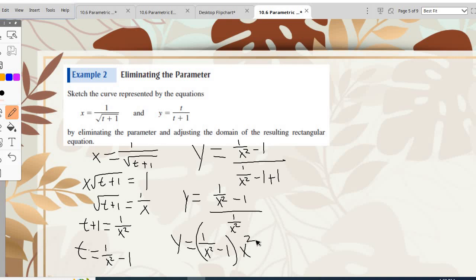So then, if we distribute that, what do we get? So what's x squared times 1 over x squared? 1. And x squared times the negative 1 is? Negative x squared. So what does that look like?